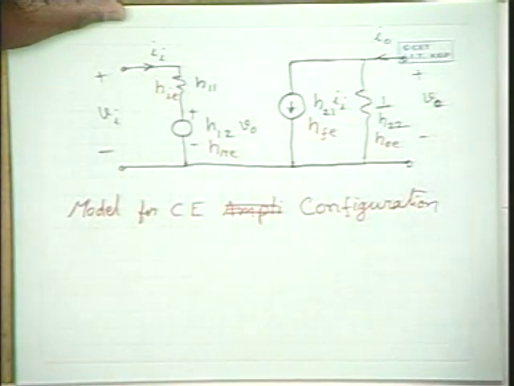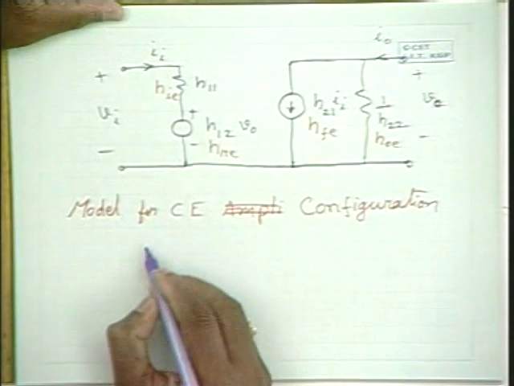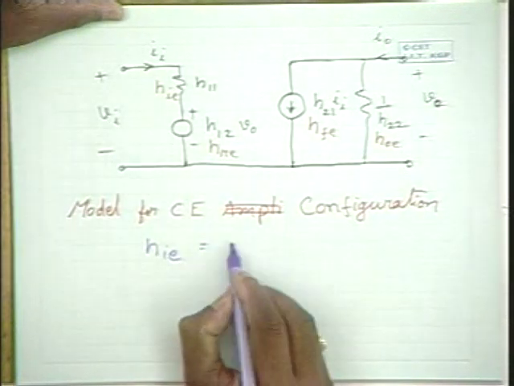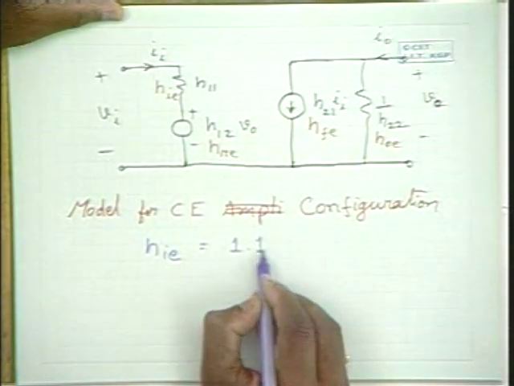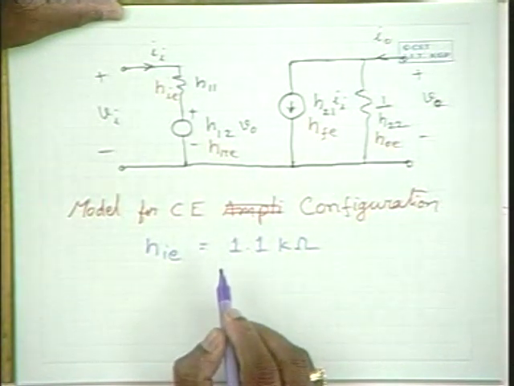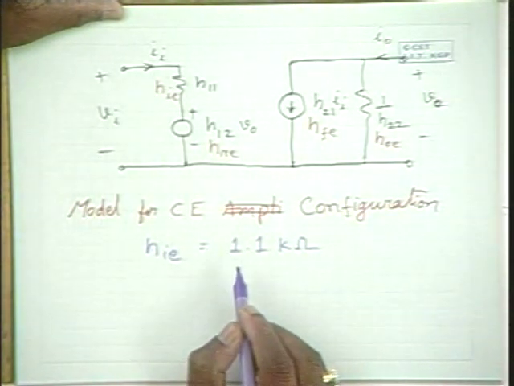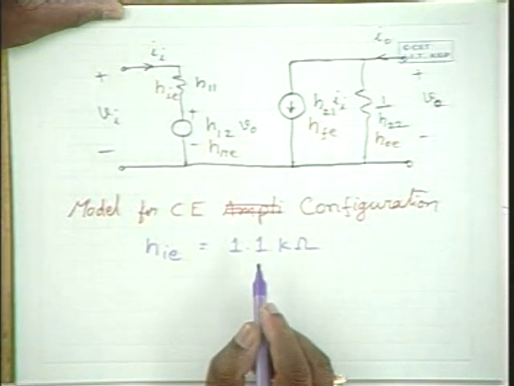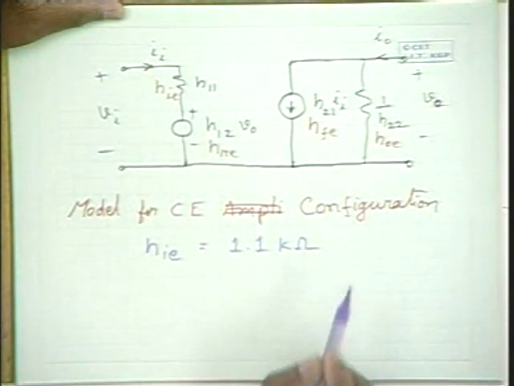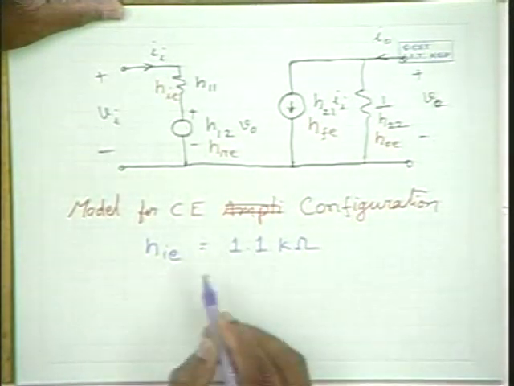HIE is typically about 1.1 kilo ohms. So naturally it depends on the Q point. If the Q point is operated at low input current, HIE would be larger than this, but the typical value is 1.1 kilo ohms.